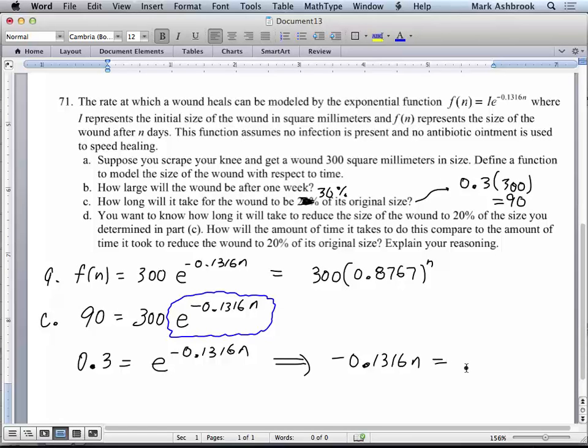And how do we express that? Log 0.3? Log base 10? E is not 10. Log base e. And what is log base e? Natural log.